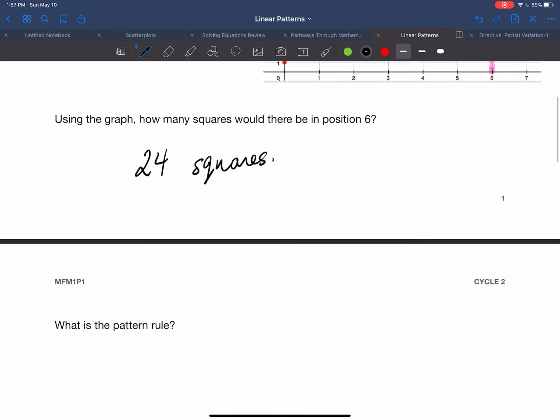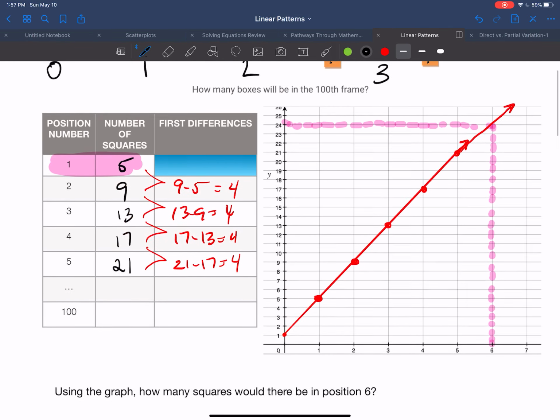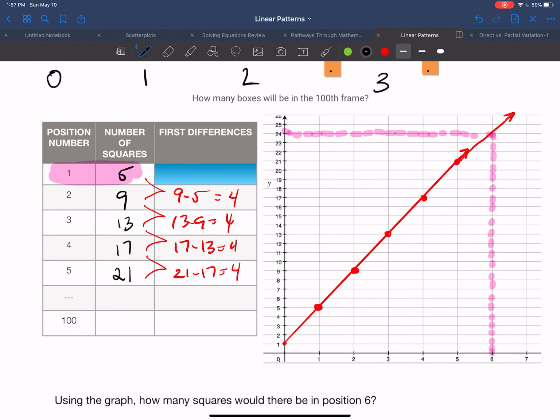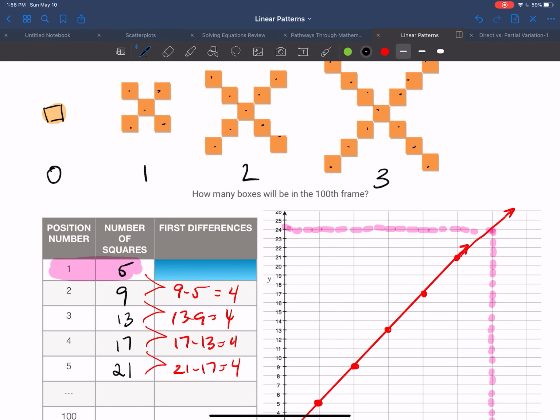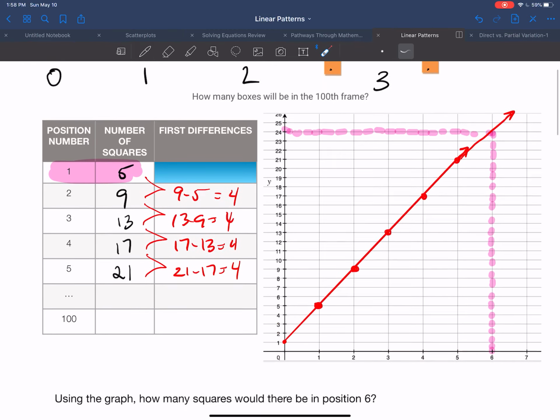What's the pattern rule? So in words, what's happening here? We're going up by 4, so we're adding 4 every time. And what did we start with? Well, we started with position 1 and had 5, but if we went back, position 0 had 1. So what we want to do is think about what was in position 0.